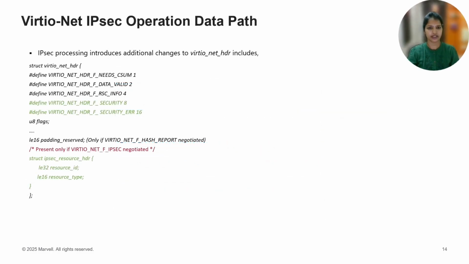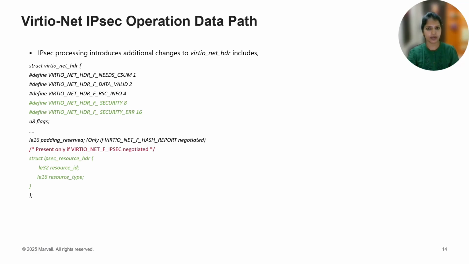virtio-net IPsec processing introduces additional changes to the virtio-net header structure. If the driver needs IPsec processing for an outbound packet, it sets the virtio-net header security flag in the header and passes it to the device. The device then performs the IPsec processing on the packet and sends it out.